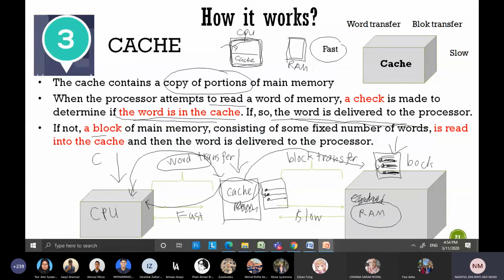Maybe the next instruction here is needed by the CPU, and this thing, or we call it a word, will be transferred into the CPU. If not, then we find another block to be transferred. Okay. Is it clear how the cache works here?